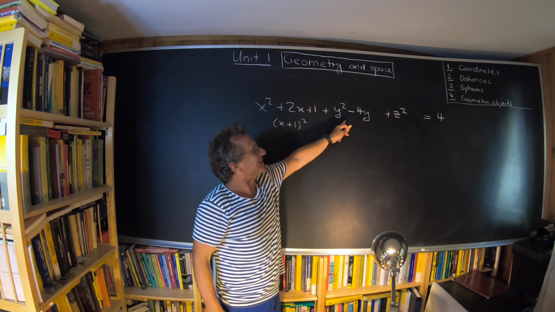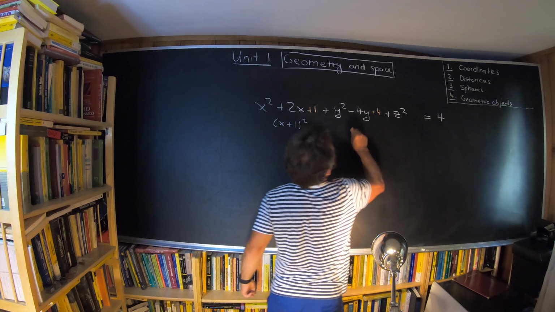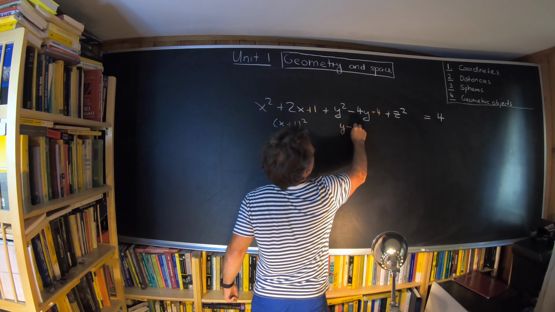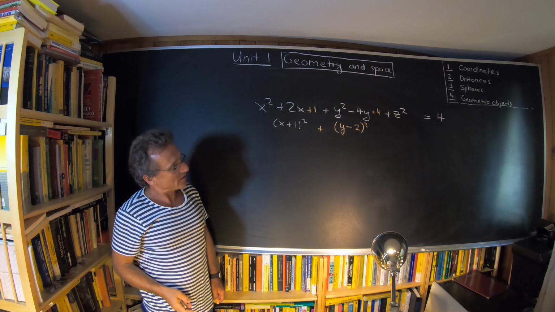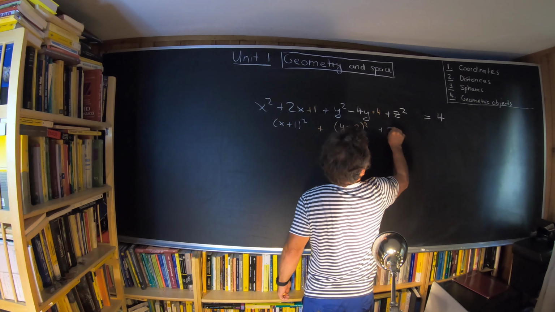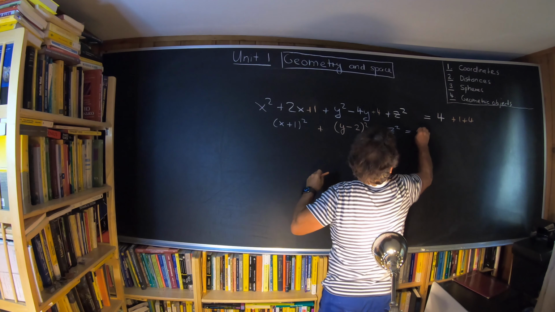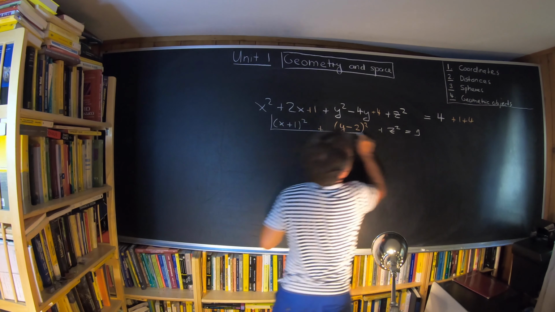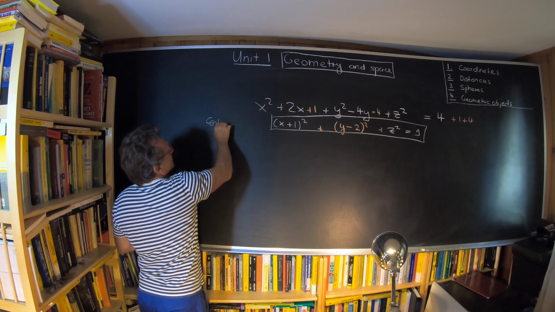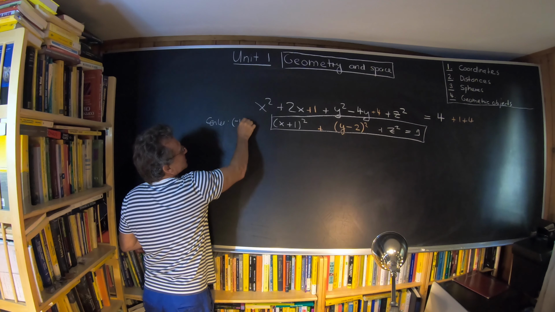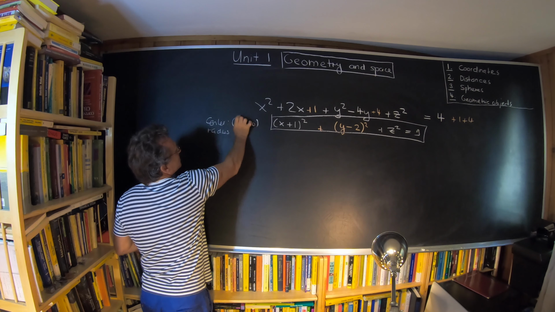Can you see what one has to add here? It's just b half, squared, so this is 4, and so we get y minus 2 squared, and the z we leave like that. Of course we have to add the 1 and 4 also on the other side, so this is equal to 9. With this completion of the square idea, we see that this is a sphere with center at minus 1, 2, 0, and the radius is equal to 3.